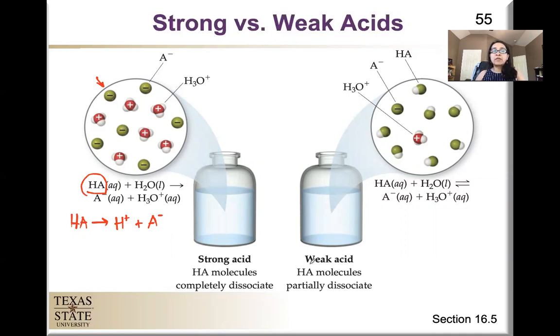On the other hand, if we have a weak acid, that weak acid only partially dissociates, which means that if we started with HA, some of it would be in the form of HA, and some of it would have dissociated into H plus and A minus.